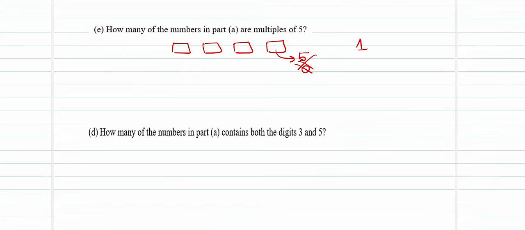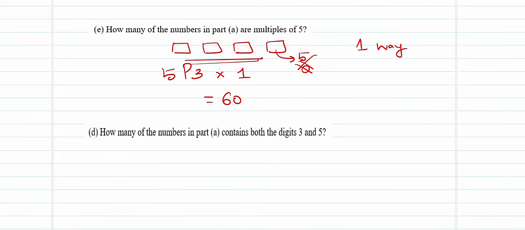In only one way. Now the remaining 5 digits can be used for these 3 boxes, and you can do it in 5P3 ways. Now 5P3 into this one way, in which your last box has already been fixed with 5, gives you the final answer to be equal to 60 ways.